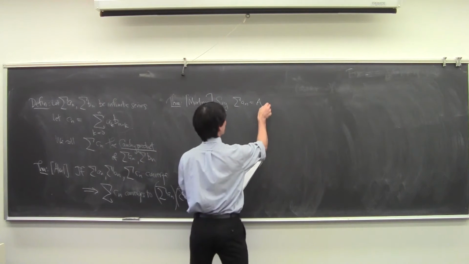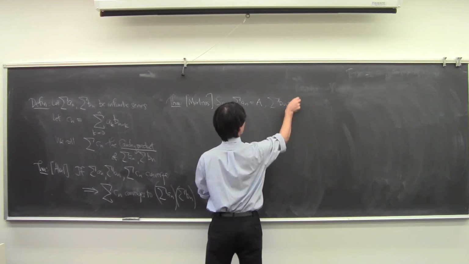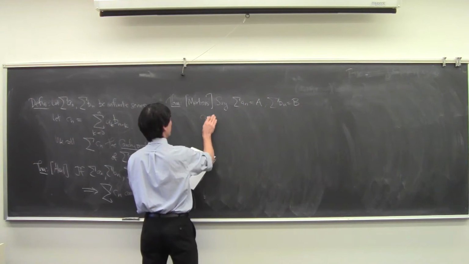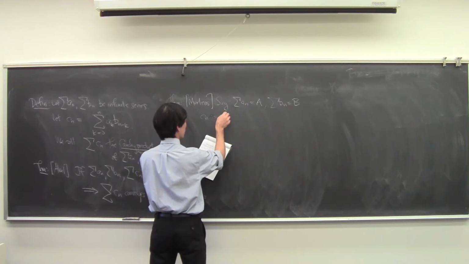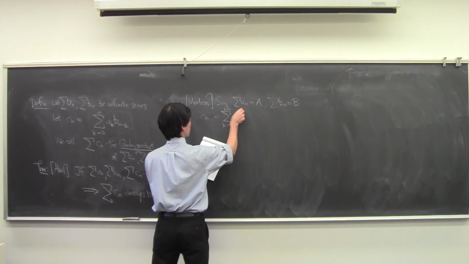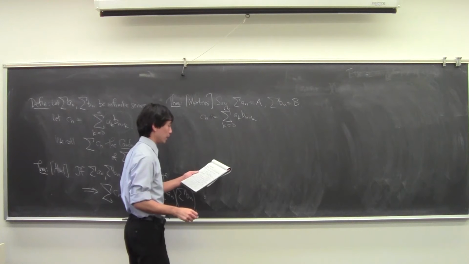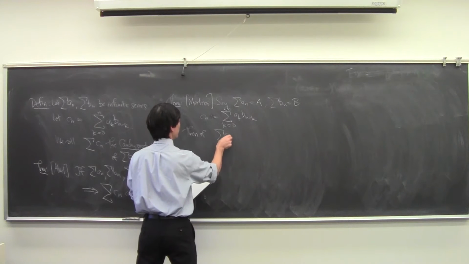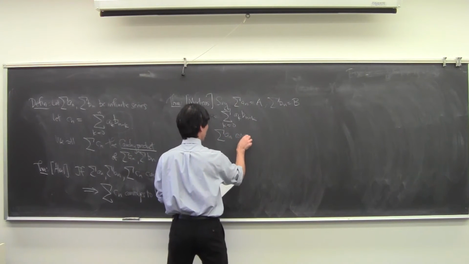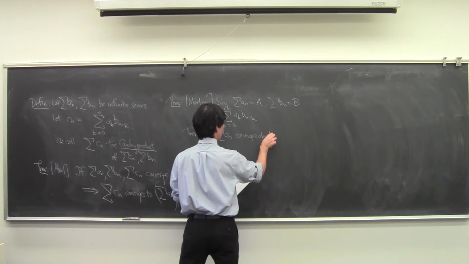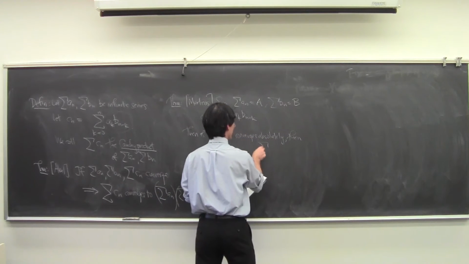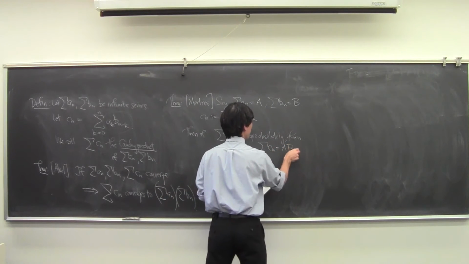The first one converges to A, the second one converges to B, and c sub n is defined as the terms of the Cauchy product. Then, if one of the series converges absolutely, the Cauchy product converges to the product of the series.